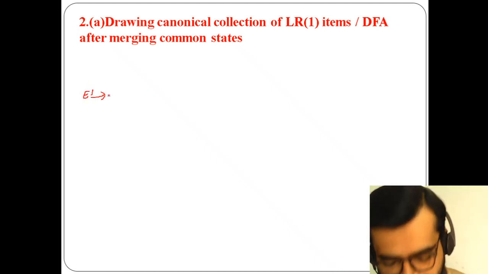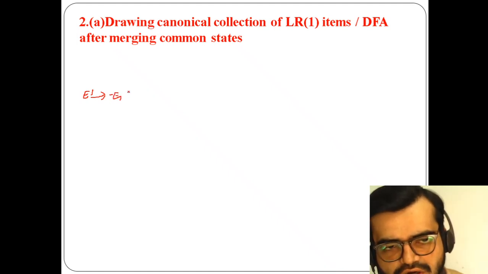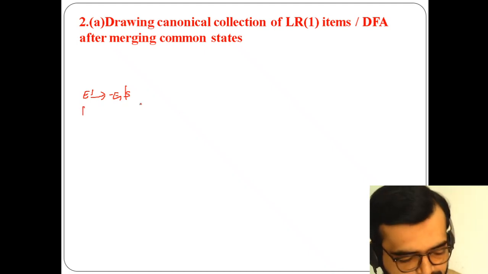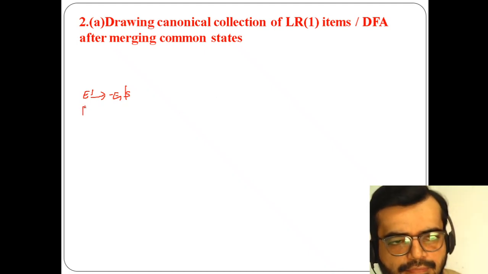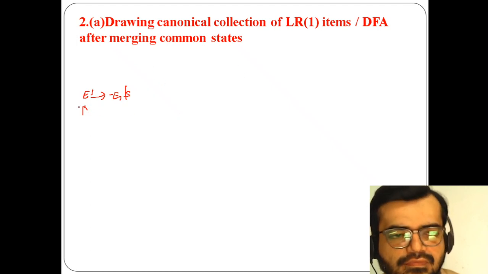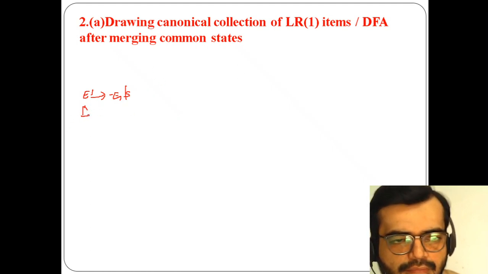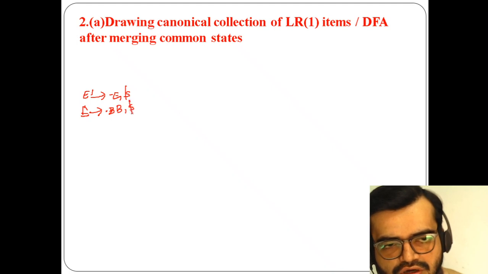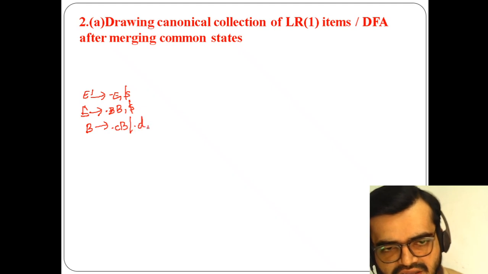E dash of dot E dollar, E of dot BB dollar, and finally after that B of dot small c capital B dot D. Same thing here, I'm not explaining much more because I'm taking the same example.